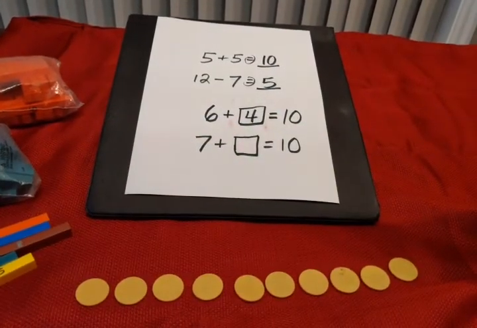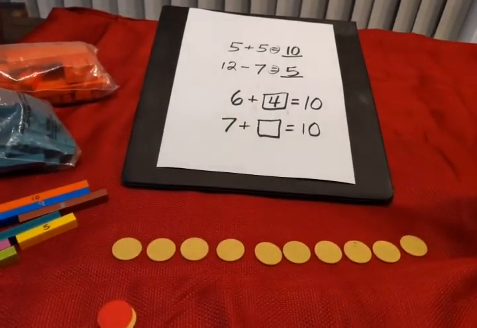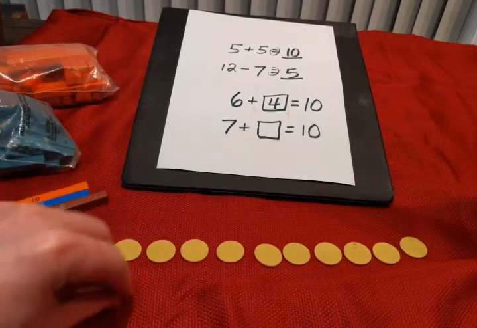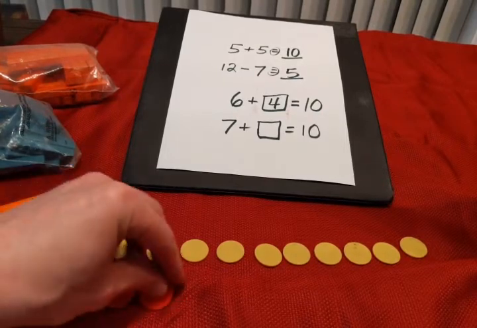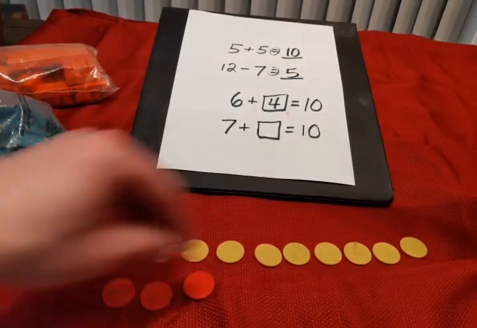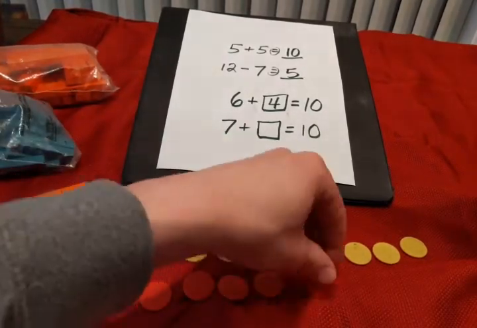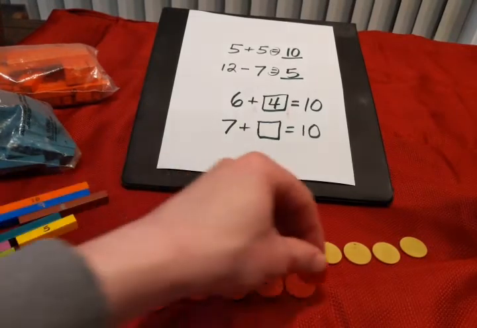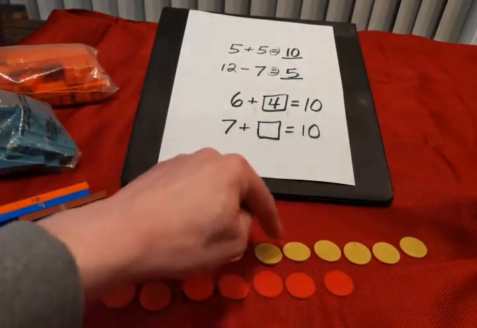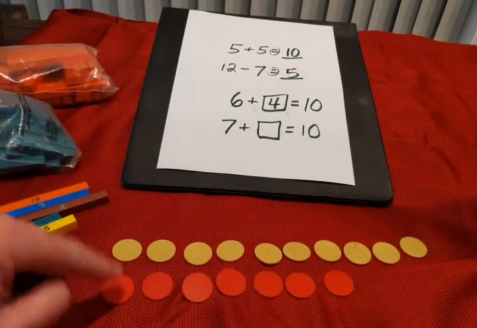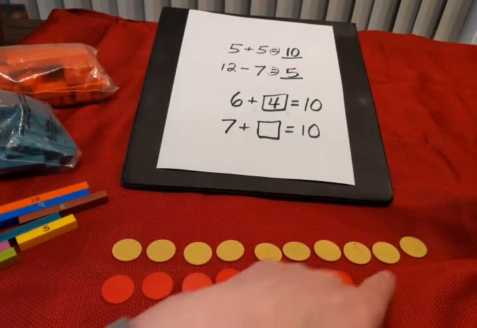And I know my 7's going to be here. So 1, 2, 3, 4, 5, 6, 7. You can see that I'm lining them up so that they are matching all the way.